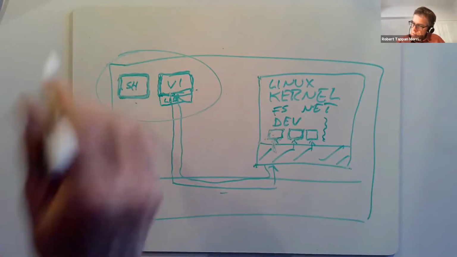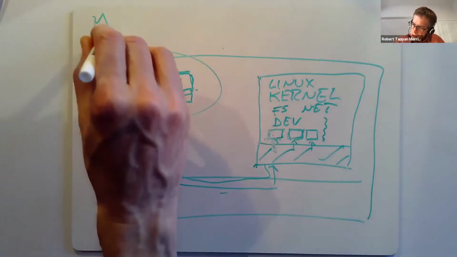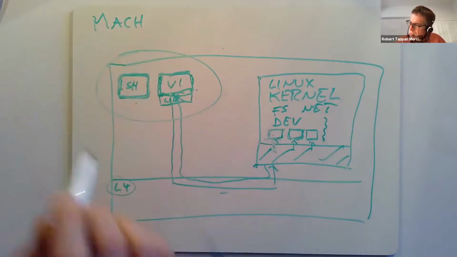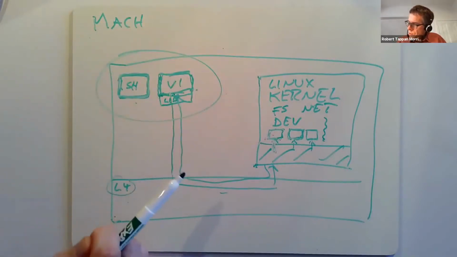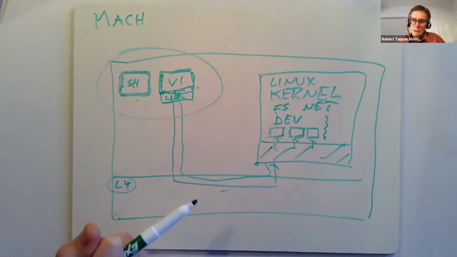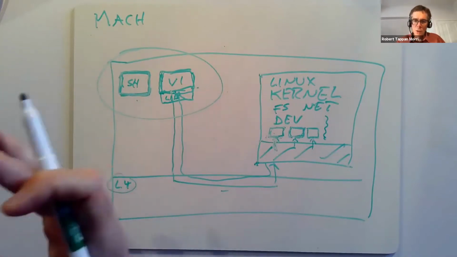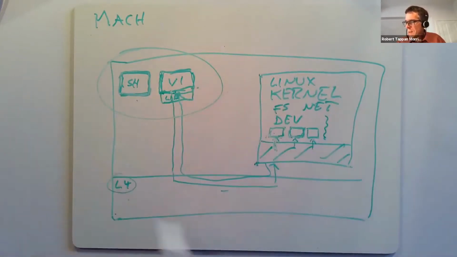There were measurements on Mach that showed that Mach was dramatically slower than just ordinary Unix when run in this configuration.